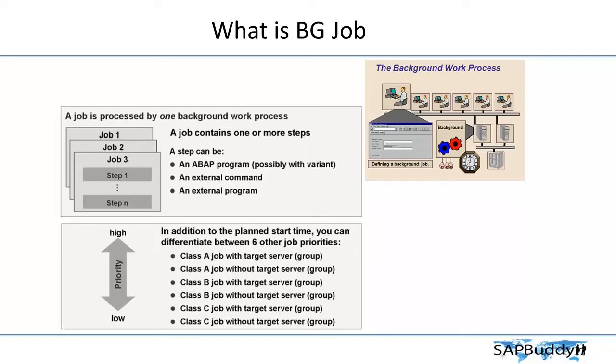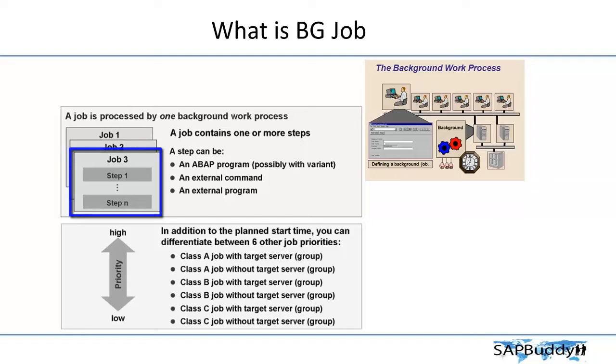For example, you have 4 different programs which need to be executed to complete your business process. So how do we do that? You do not need to create 4 different background jobs. Instead, you can create one background job where you can define different steps.